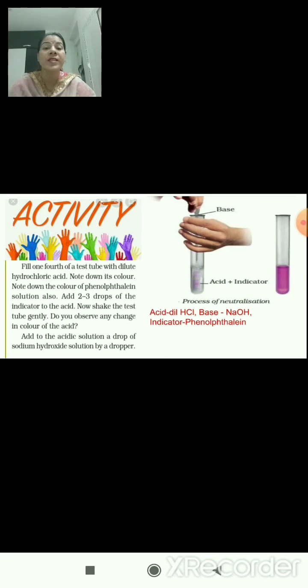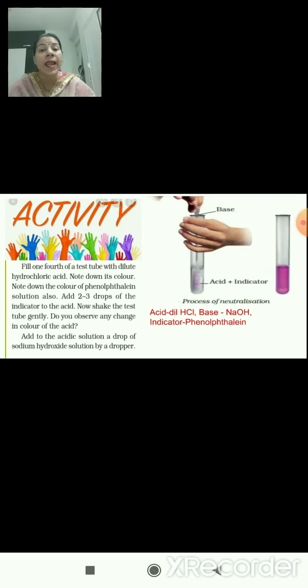Now in the first test tube we will add 2 to 3 drops of phenolphthalein indicator in HCl acid. Now we will shake it gently and we will observe the changes in it. But what will you find children? That there will not be any change in this test tube. And then what will we do?